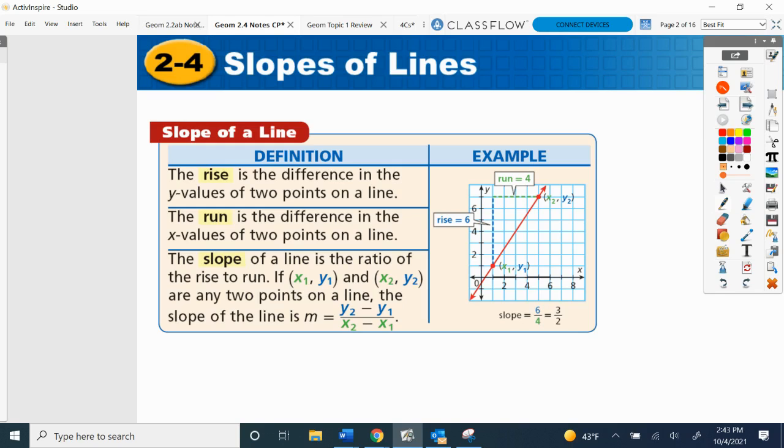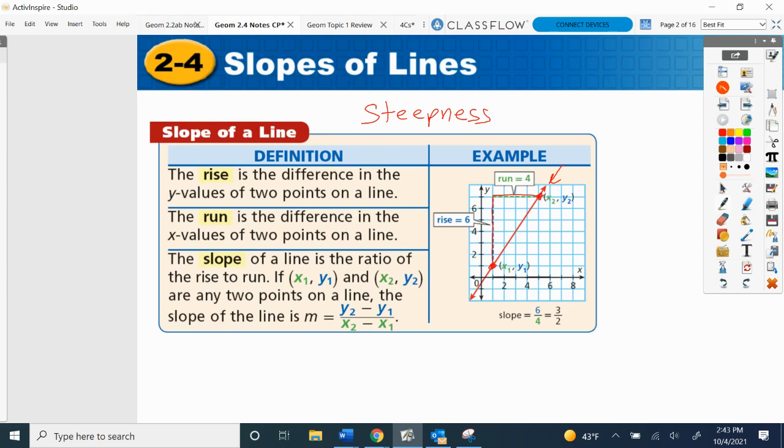First of all, slope tells us the steepness of a line. If we have a line like this one over here on the graph, we would be identifying how steep that line is. We'd be looking at the rise over the run, how far up and then how far over it takes to go from one point down here to the next point over here.